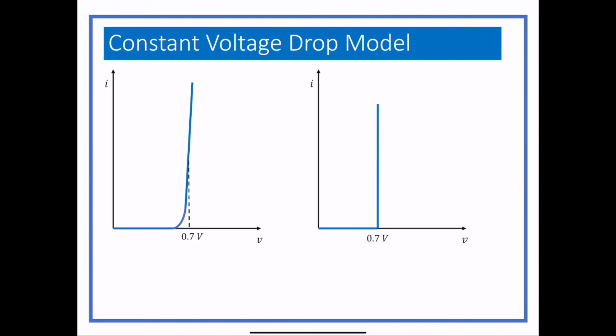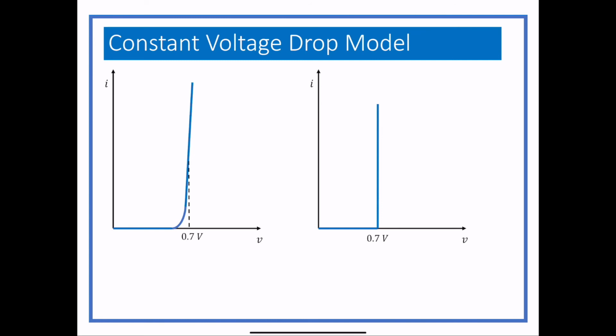The difference between the two is really, really small. You'll notice that for the actual diode curve, you do have an area below 0.7 volts where the value fluctuates a bit. And in the constant voltage drop model, the forward voltage is 0.7 volts or it's 0.